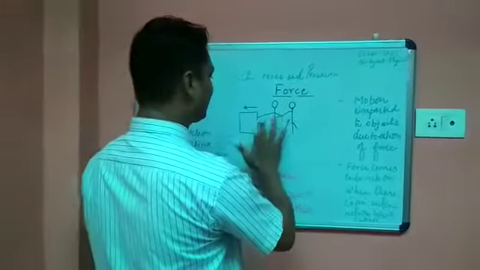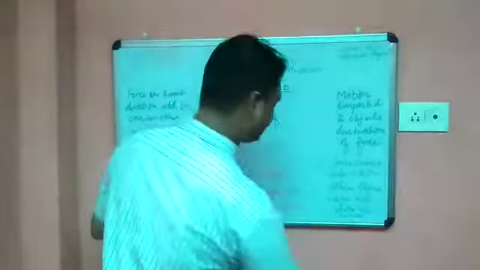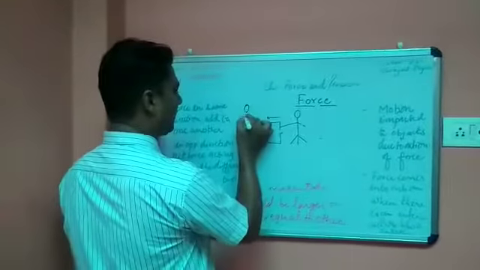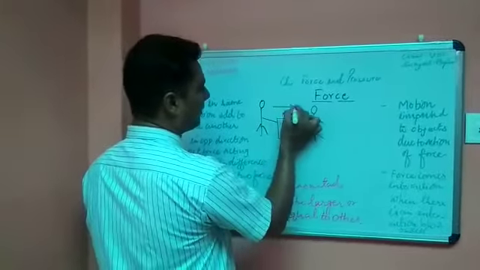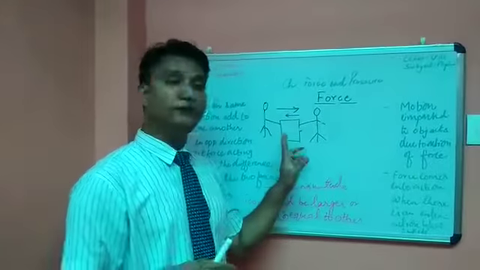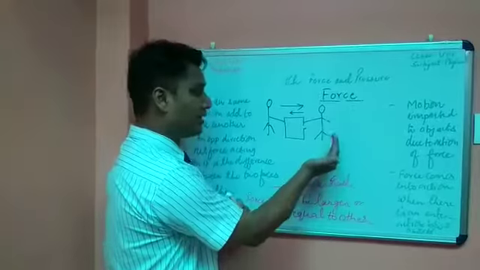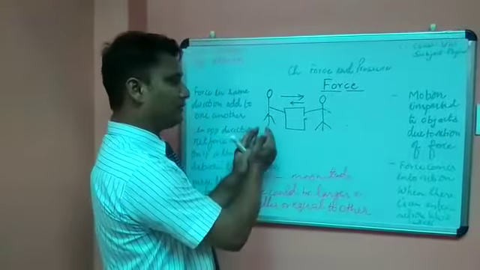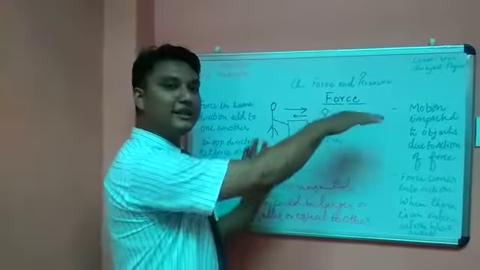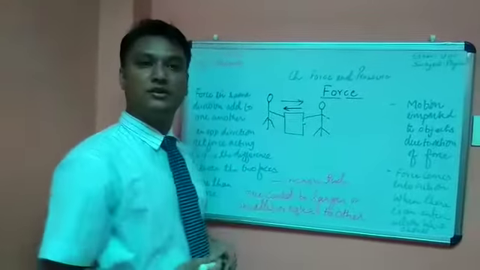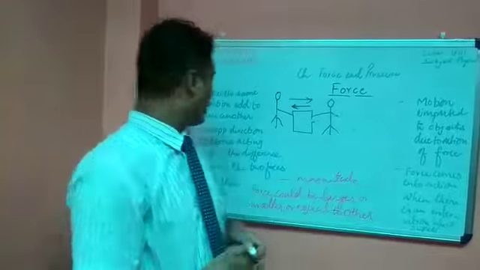Now what happens? Now the force is in the opposite direction. This boy tries to move the box in this direction, and this boy is applying the force on the box in this direction. So the force is in the opposite direction. So what happens now here?